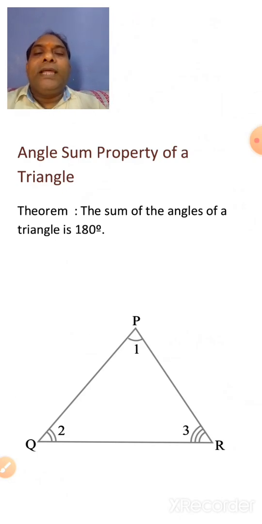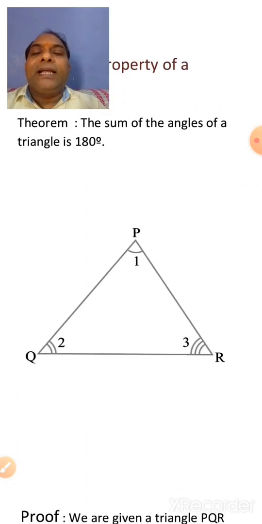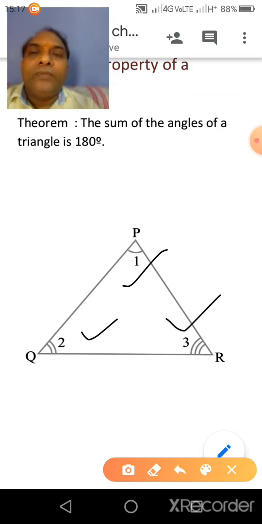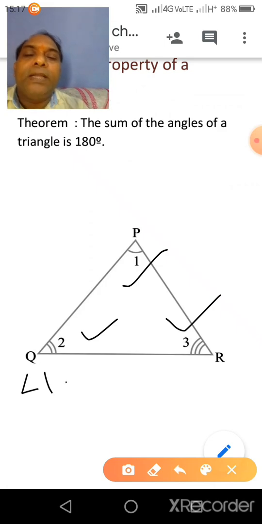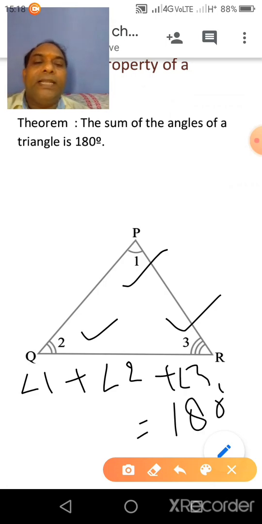Clear? So here triangle PQR, its interior angles are angle 1, angle 2 and angle 3. We have to prove that according to this theorem, angle 1 plus angle 2 plus angle 3 is equal to 180 degree. Clear, students?